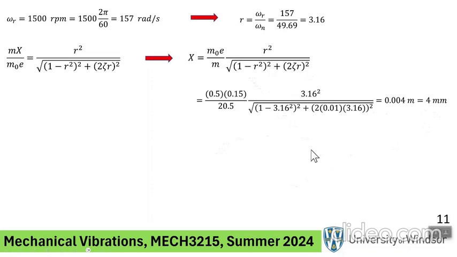Now, part B says, okay, can you tell me what is the maximum value of X? Well, we know when that happens, at resonance, right? When R is equal to 1. So, approximately equal to 1, okay? Because remember, look at those diagrams, those peaks are not exactly at the location where R is equal to 1.